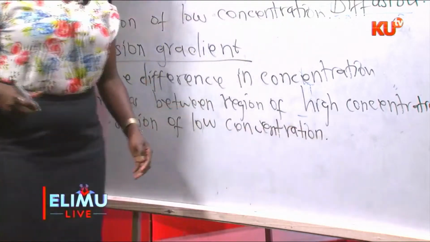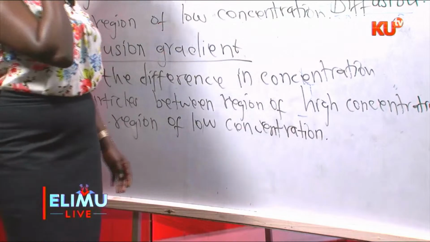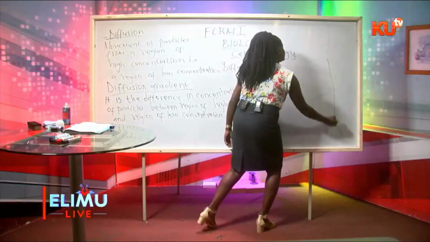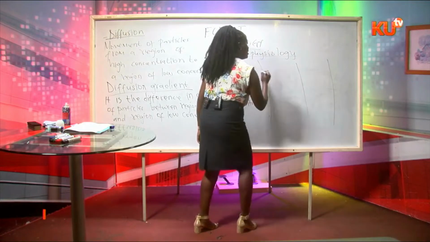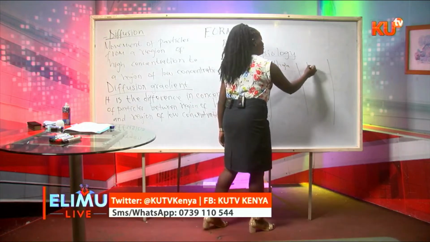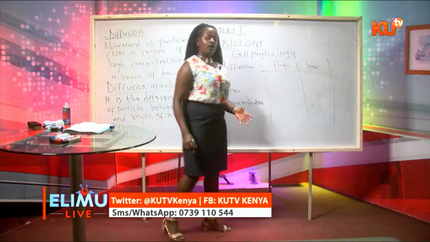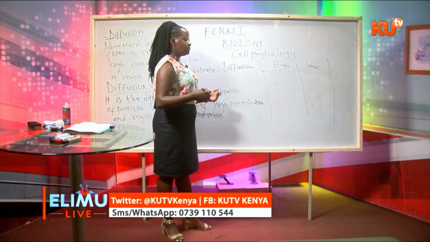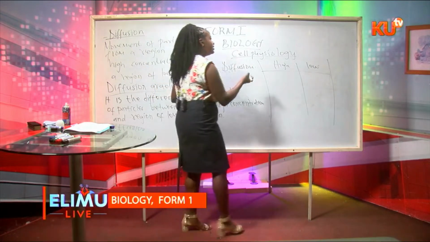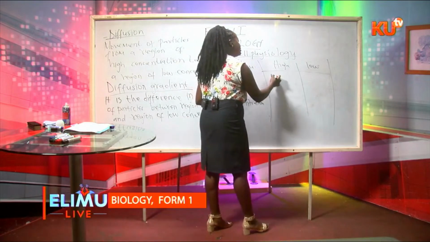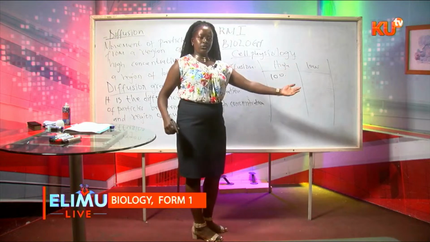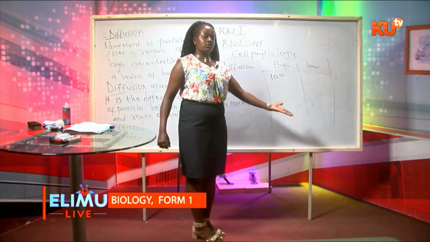We're going to demonstrate that using our board. If this is our region of high concentration, and we have our region of low concentration. So we are going to assume that the particles of snow in this region were 100, and they spread to their region of low concentration.